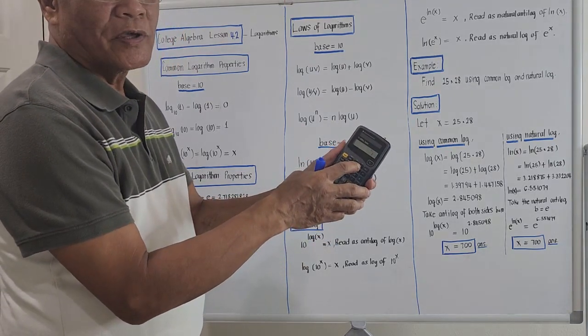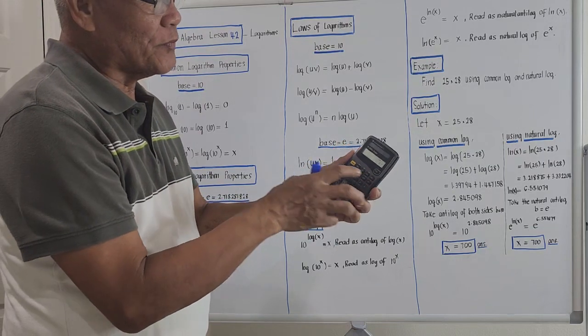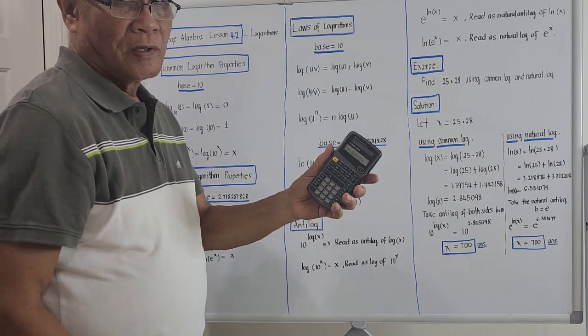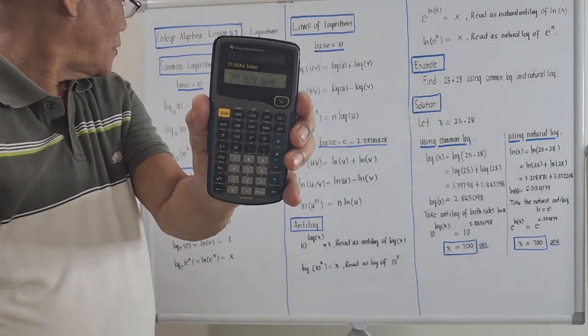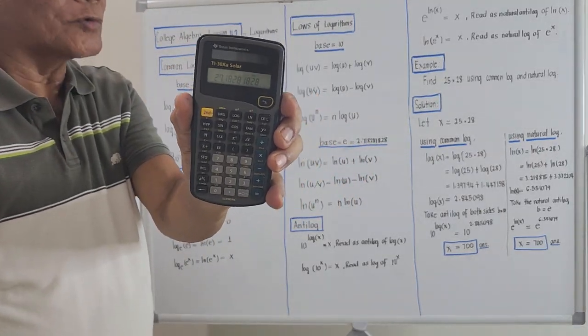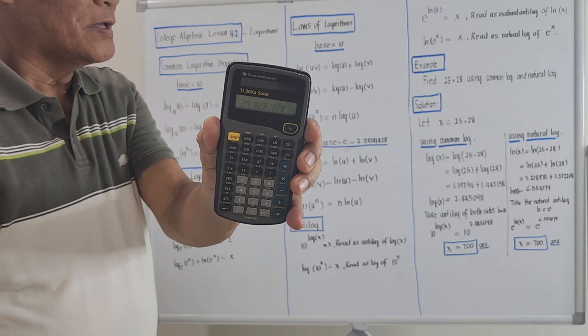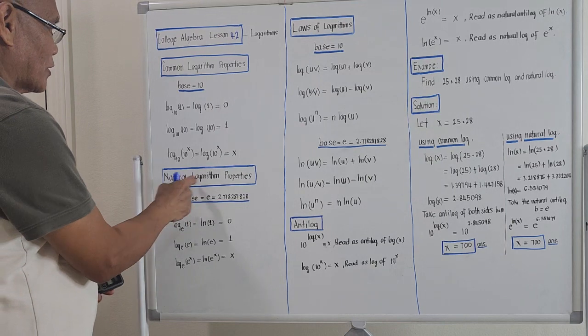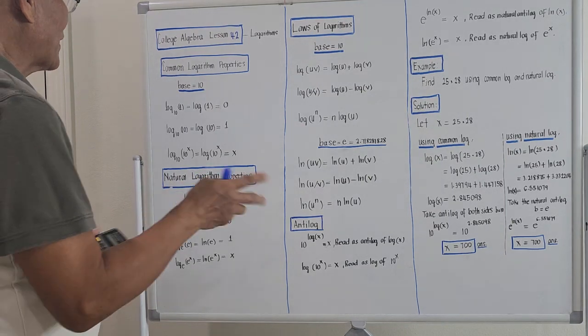There's a function here, e to the x, but it is on the second function, so we will press second function e to the x, and the value is 2.718281828. That's the base of the natural logarithm. Okay, let's try to bring out the properties.